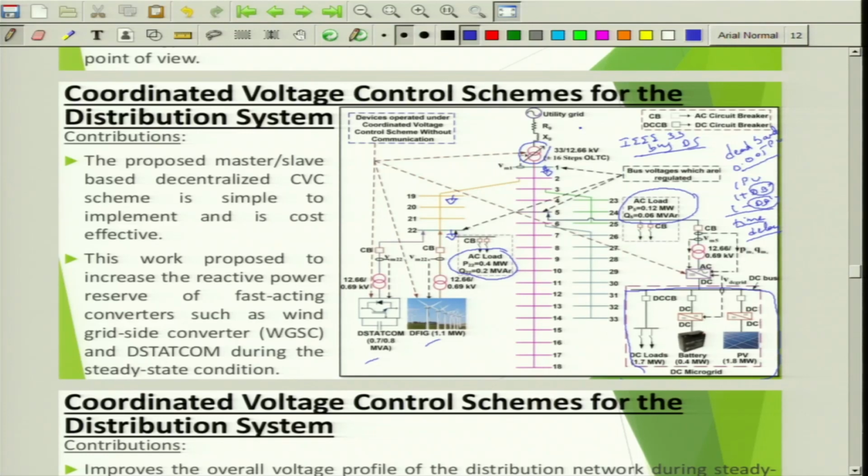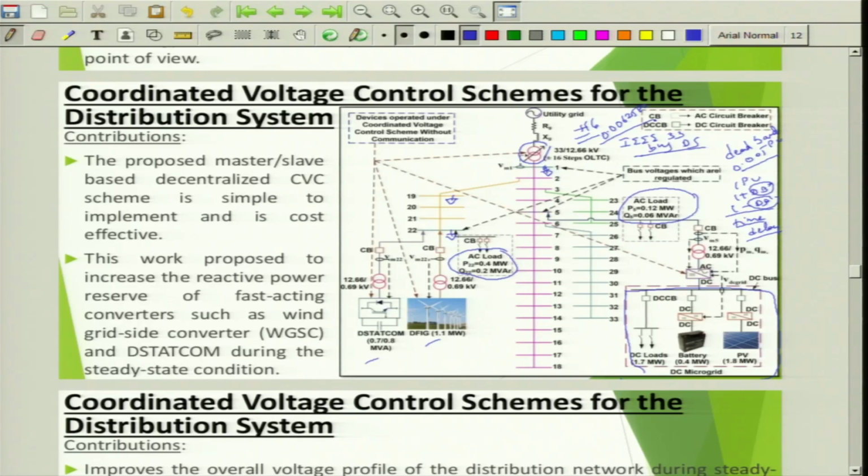I have already spoken about the plus or minus 16 taps, where each tap change is 0.00625 per unit. We have already discussed this.